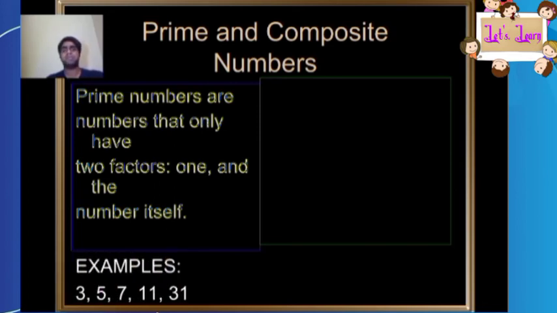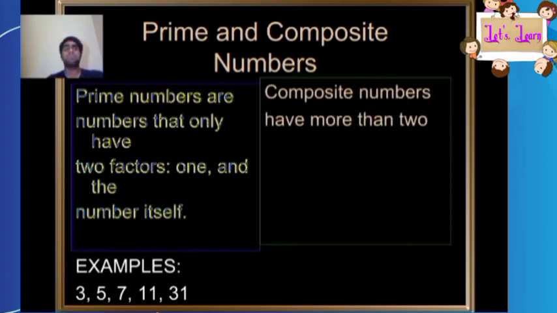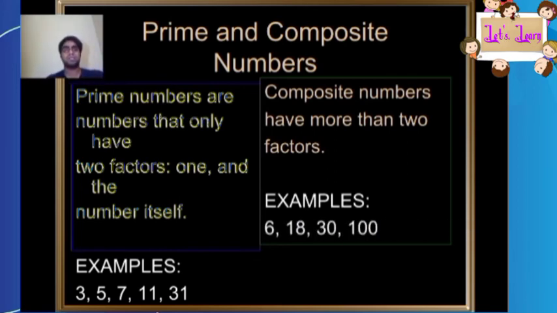Examples: 3, 5, 7, 11, 31. Composite numbers have more than 2 factors. For example, 6, 18, 30, 100, 200, etc.